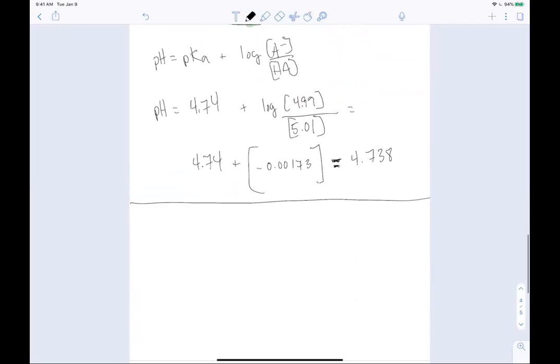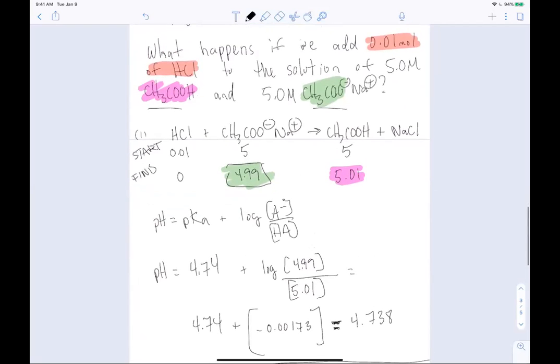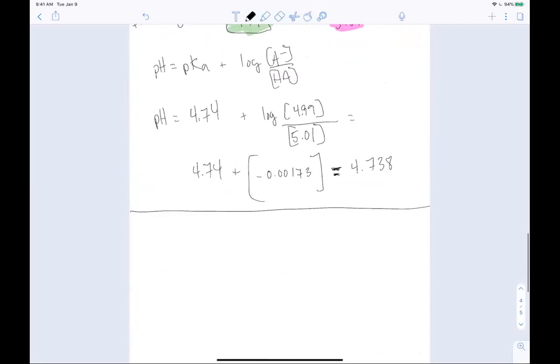If I had a different concentration though, this is sort of an ideal case of how you would prepare a buffer. So we're going to change the buffer a little bit.